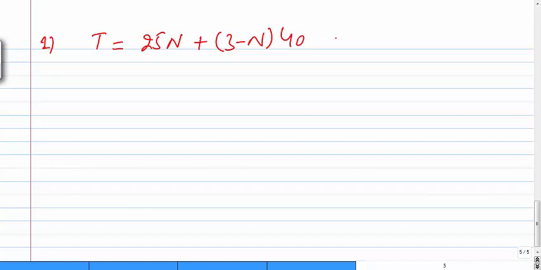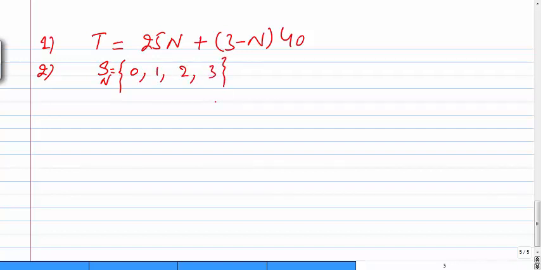Now for the second one, we have to calculate the PMF for T and also the expected value. So before that, it's better to write the range S of n. If I write the range, this becomes 0, 1, 2, and 3.